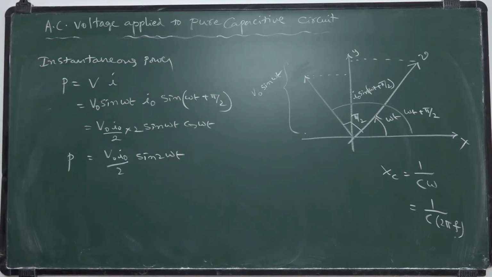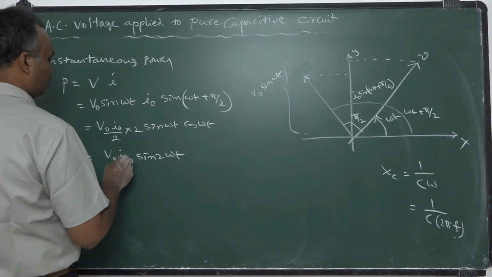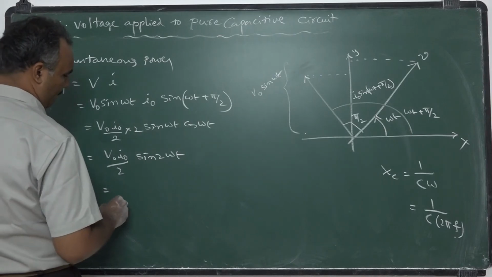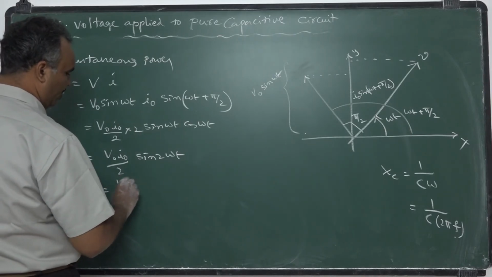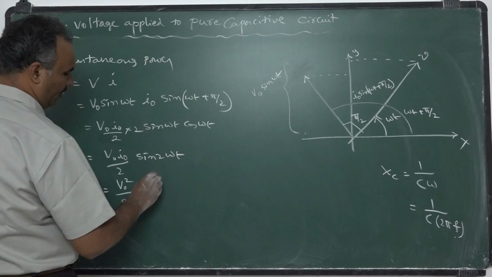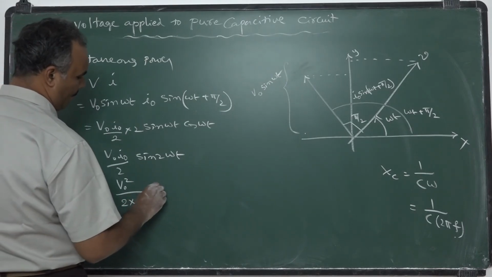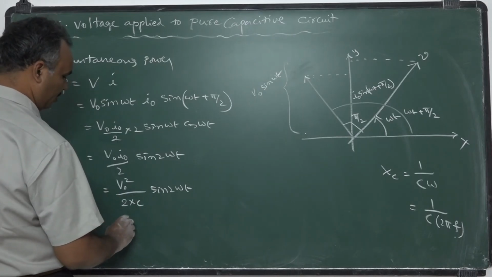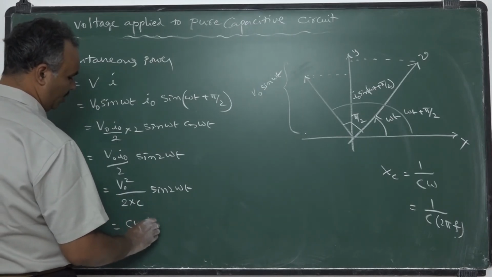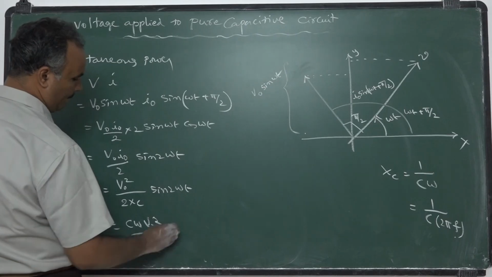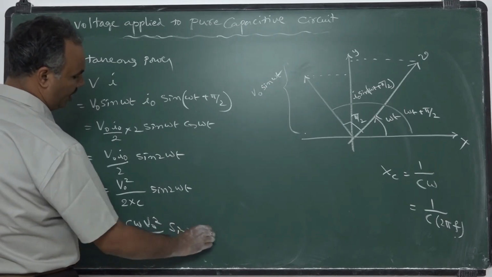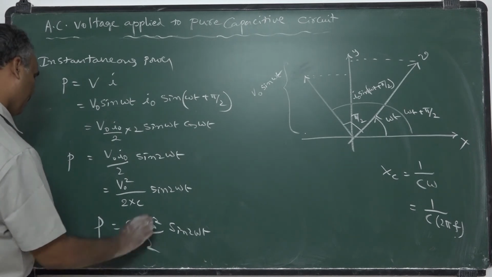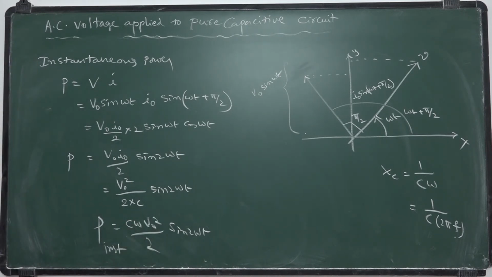And if I substitute the I naught value, I naught is equal to V naught by XC, so V naught square by 2XC sin 2 omega t. XC is 1 by C omega, so C omega V naught square by 2 sin 2 omega t is the instantaneous power through a pure capacitive circuit.